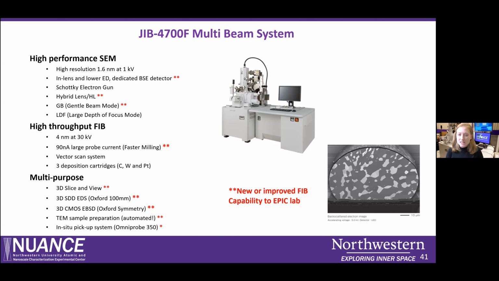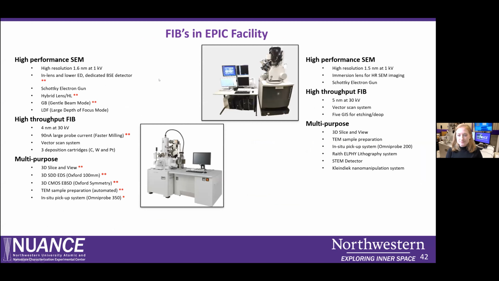You can do 3D slice and view imaging. It has the silicon drift detector, which you can also do 3D EDS with, the new CMOS EBSD detector for 3D EBSD, and a fully automated sample preparation system. And of course, the OmniProbe, which is a newer version of the OmniProbe than the other instrument, which we're going to go over in the next slide, and which is more stable, we've found.